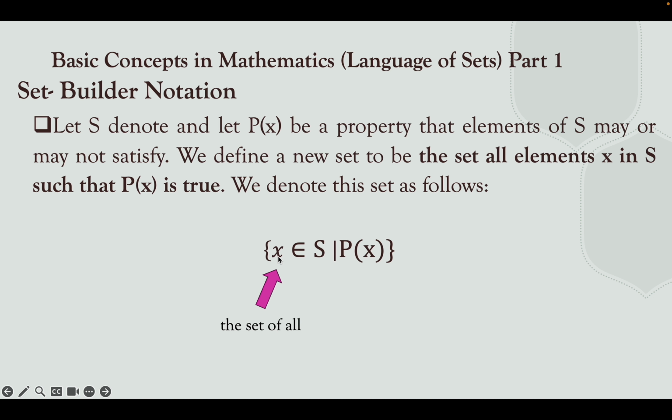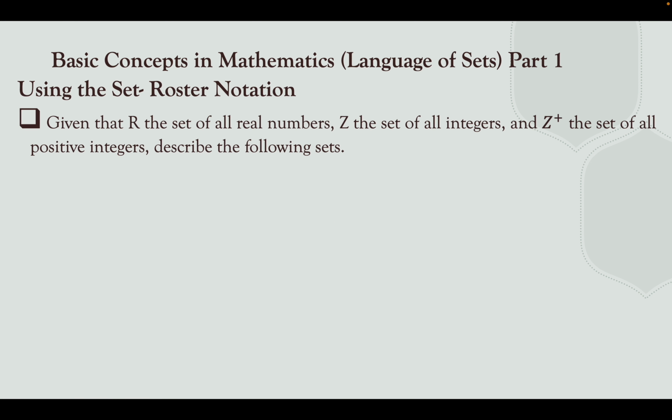The X represents the elements of S, and then the line here represents "such that", and then P of X, and then you put braces also. So this is the set builder notation for the set of all elements X in S such that P of X is true.